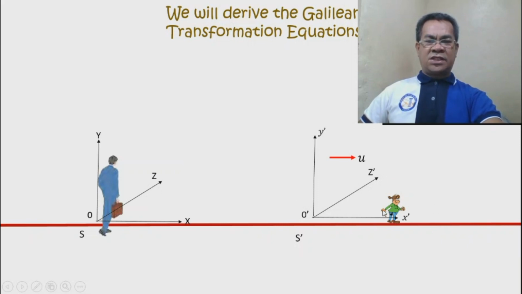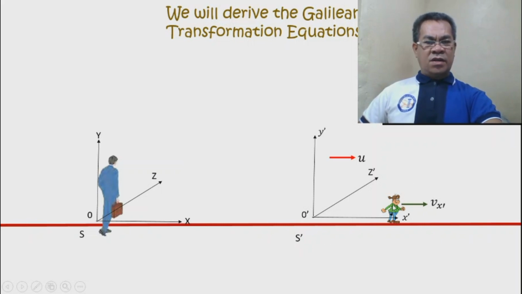So how will you describe the position of the particle? What will be the position of the particle with respect to the observer in the rest frame, Stanley? Take note that the man is assumed to be moving along the x-axis. We have the velocity of this particle, and this is the velocity according to frame S or S prime.